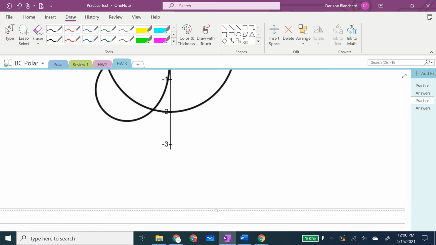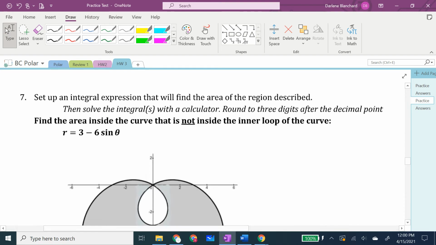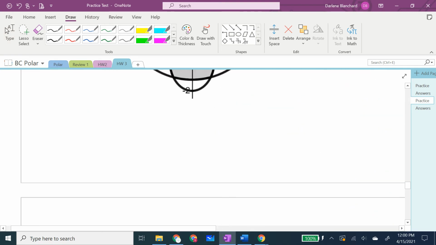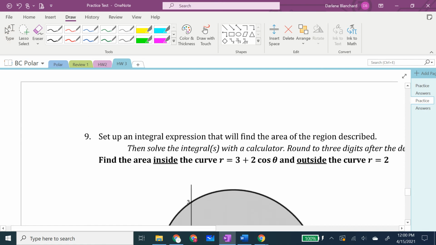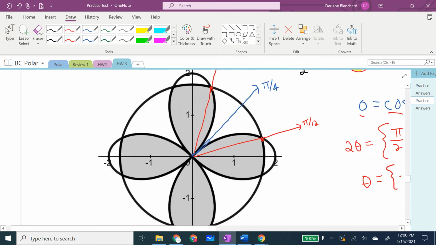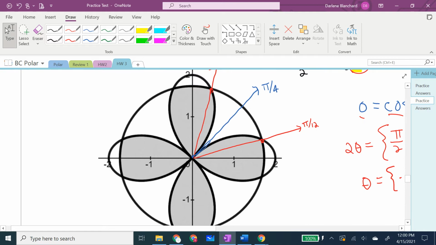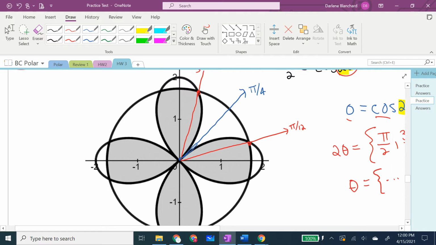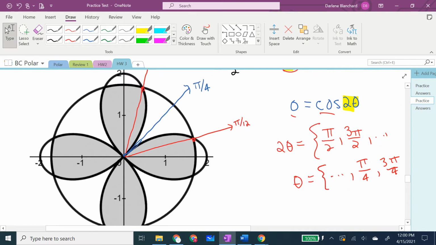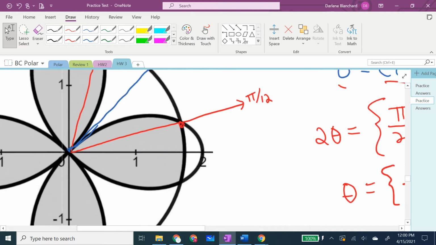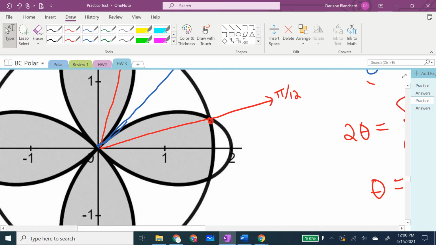So with that problem, actually, was that number 8 that I was just showing you? Okay. So with being inside both, for one, you can use symmetry to help you out.